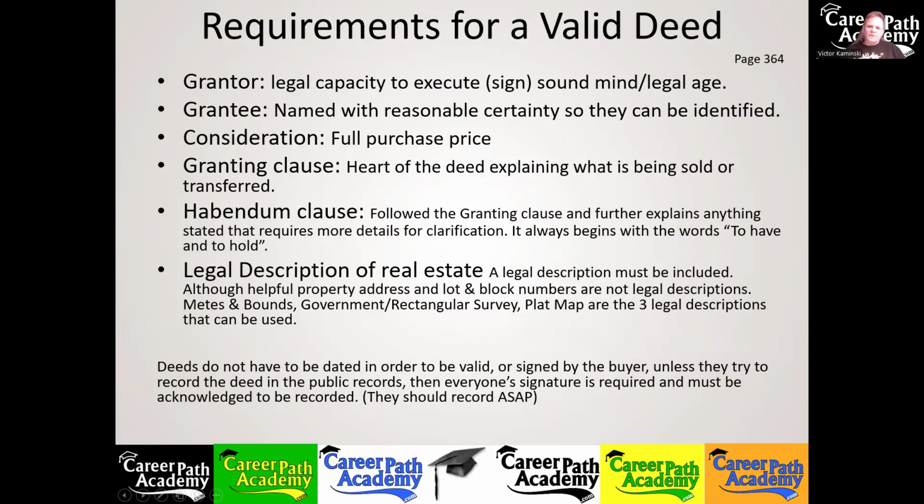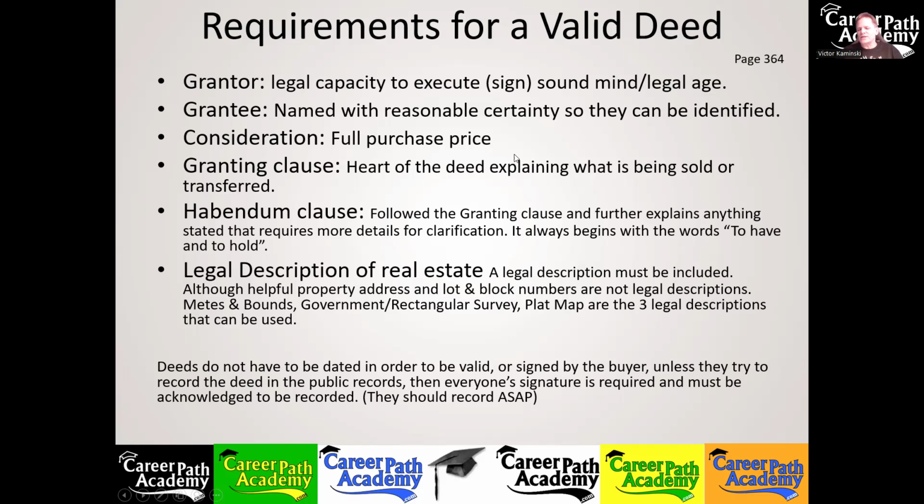So what are the requirements for a valid deed? Well, just like any contract, the grantor has to have legal capacity to execute, meaning to sign the deed. They've got to be of sound mind and legal age. The grantee has to be named in the document with reasonable certainty so that they can be readily identifiable by their name.